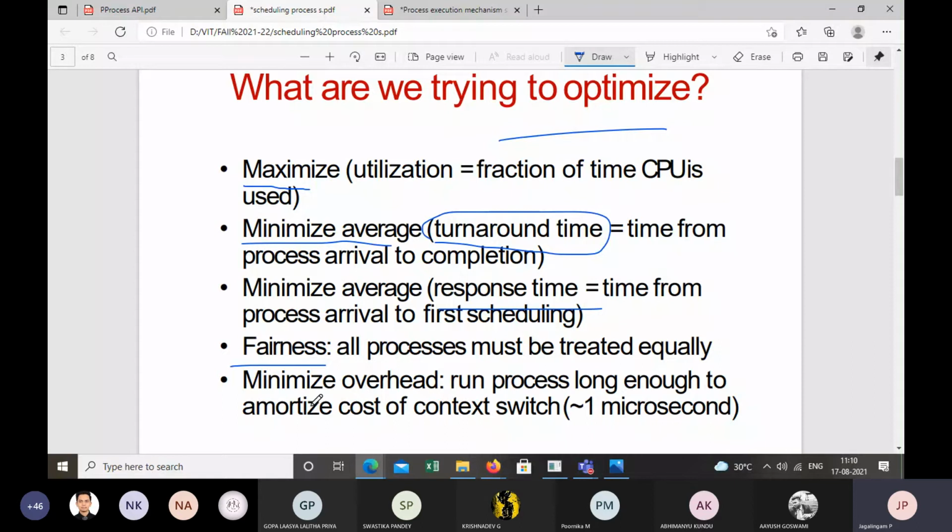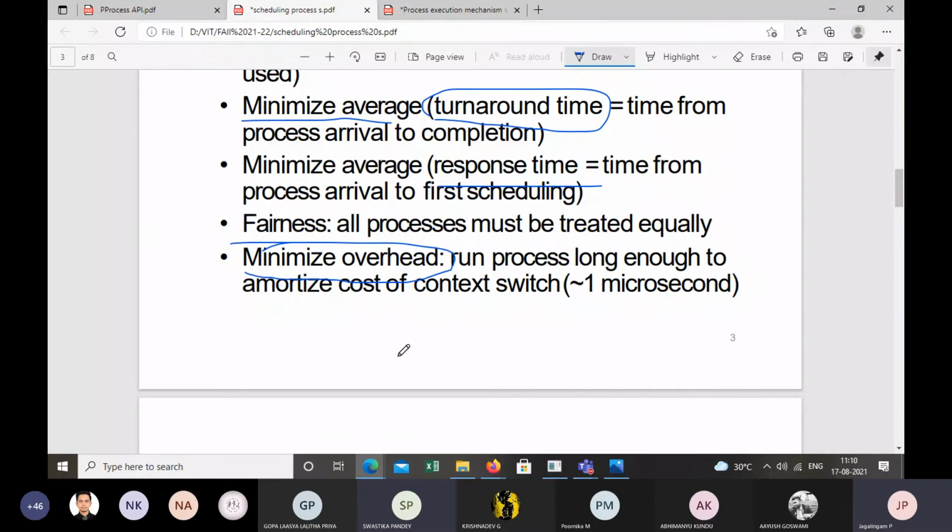That is fairness. And what do you mean by overhead? Minimizing overhead. To context switch as and when required. We want to minimize this overhead. When we make a context switch from one process to the other process, it will take at least 1 microsecond. Now, if you do this context switch very frequently, what happens?